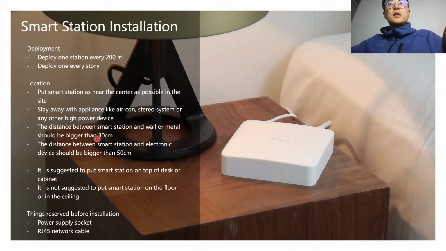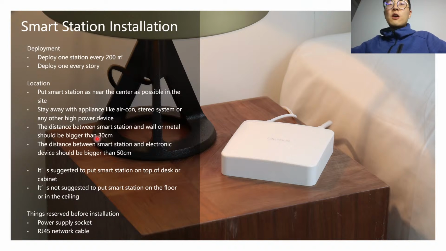There's some background knowledge here: wireless devices hate metal, because metal will absorb the wireless signals. No matter if it is COS, Zigbee, Z-Wave, or even 2G, 3G, 4G, 5G.